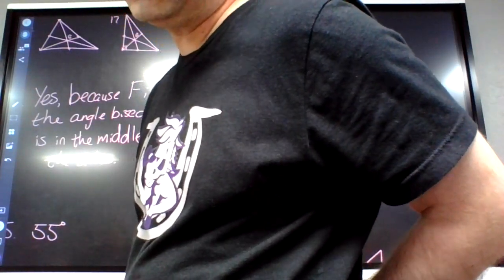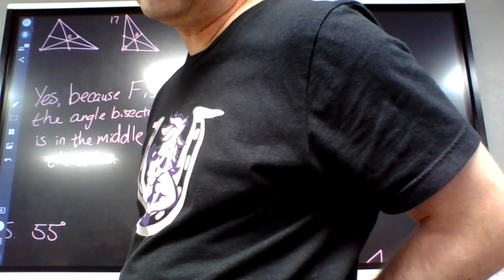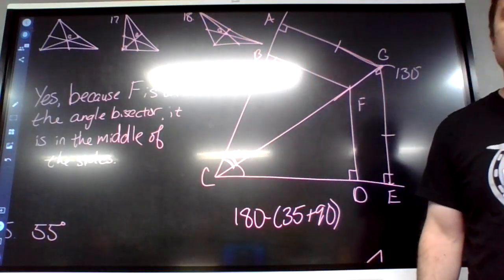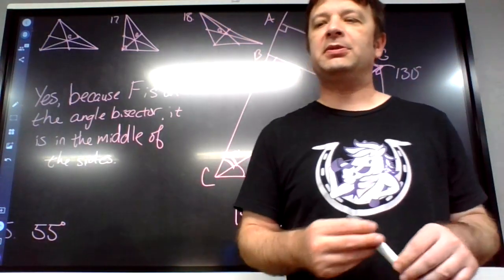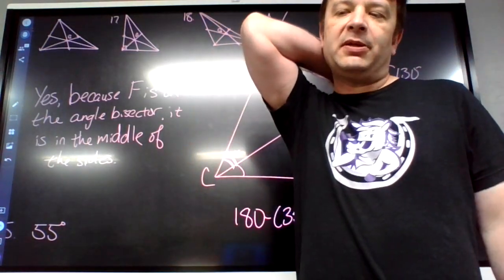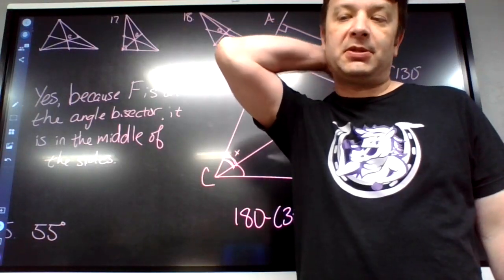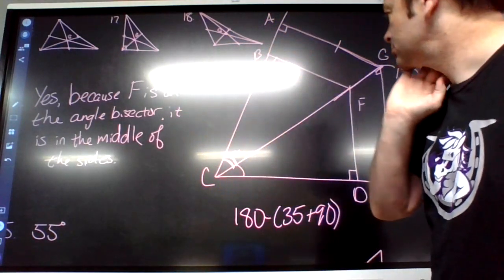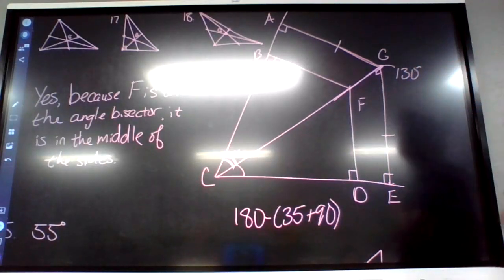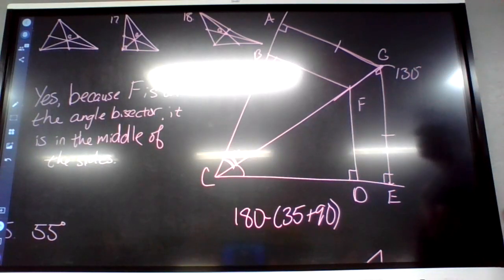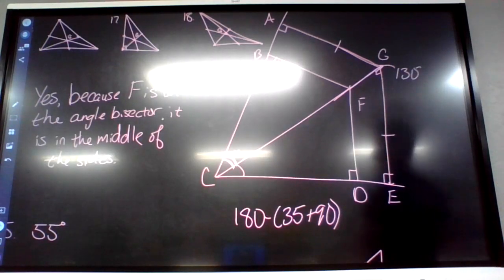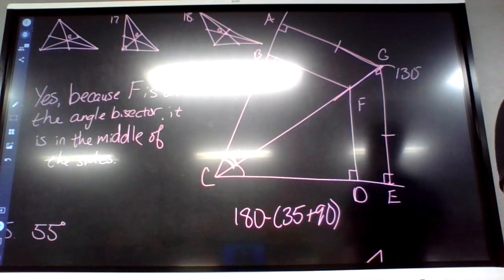Are CF and G collinear? Yes, they are collinear because G would have to be on the angle bisector because it's the same distance from each side of the angle.